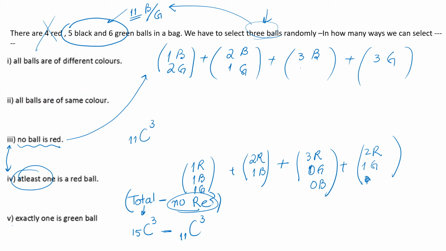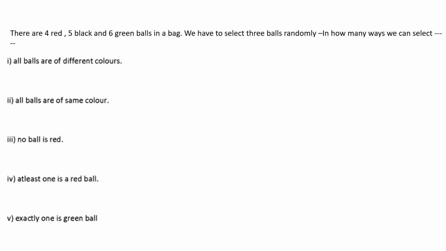Now, exactly one is green ball. So again, exactly one is green ball. What situation is given to you? It means that they are telling you that exactly one green.